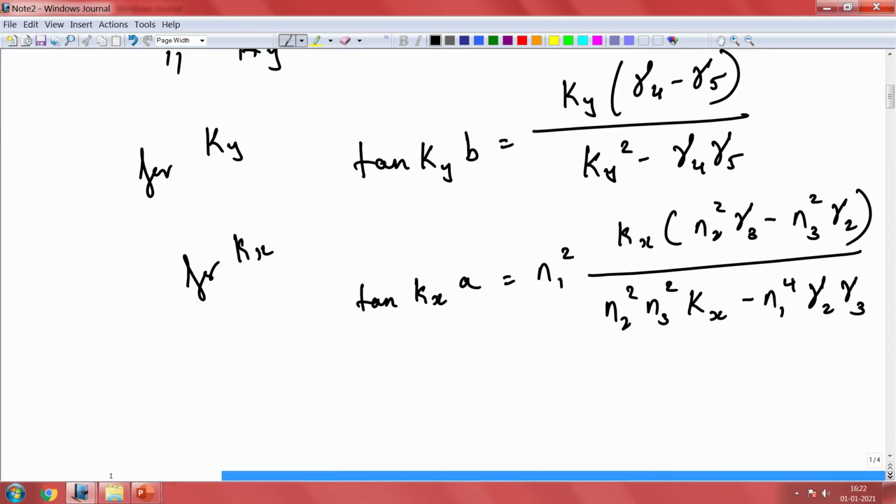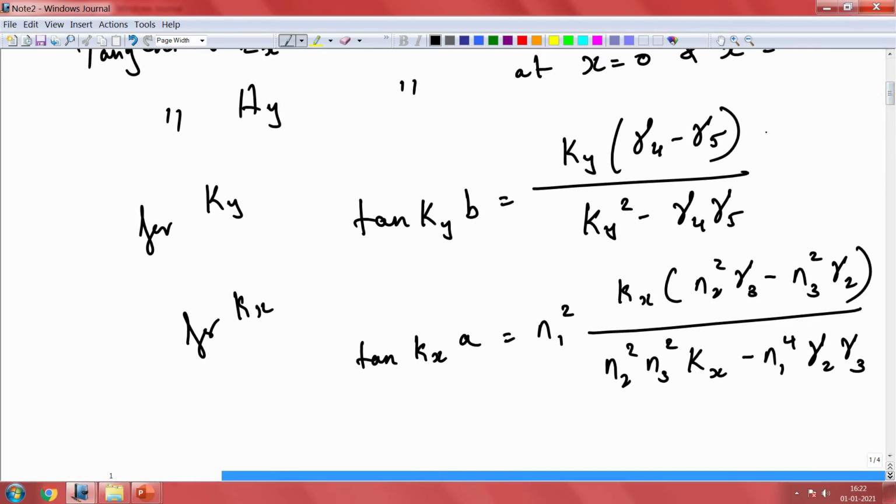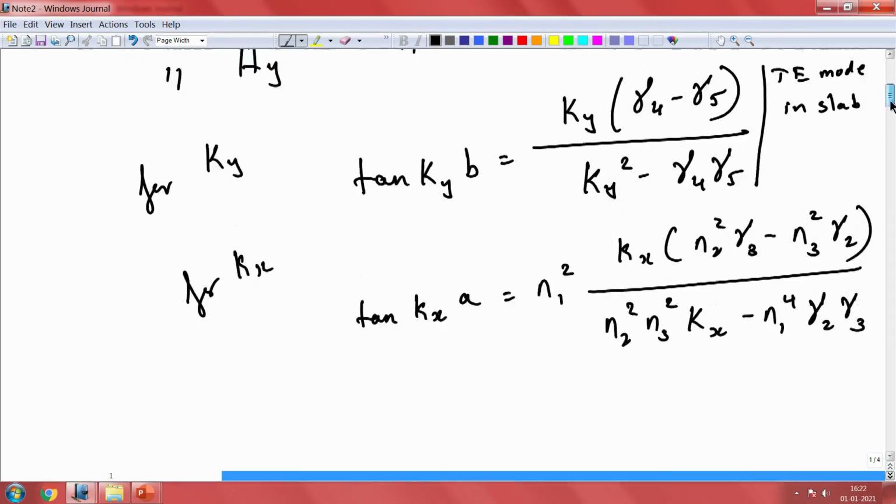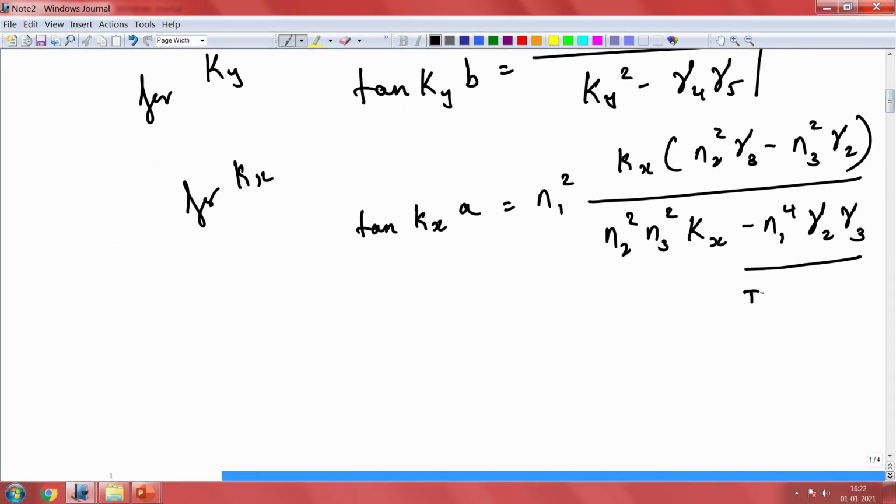So, this is again the characteristic equation for TM mode in a slab waveguide of thickness B. I will just mark it here. This is nothing but TE mode in slab, and this is similar to that, and in this case this is TM mode in slab of thickness B, let us say.